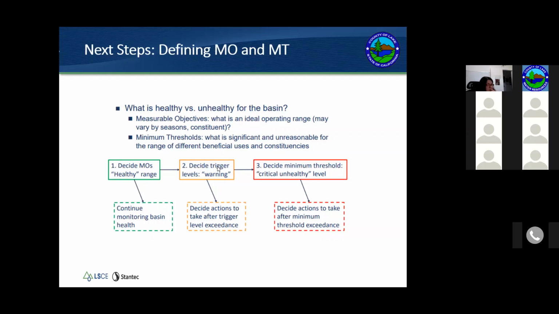We don't want to make things complicated, but we probably need to define a third level in the middle, a warning level, because once you hit the minimum threshold, you bring in the weight of the state. A warning level in the middle triggers action by the GSA to correct before you get to the red level.